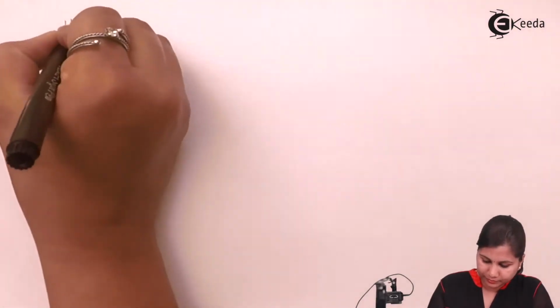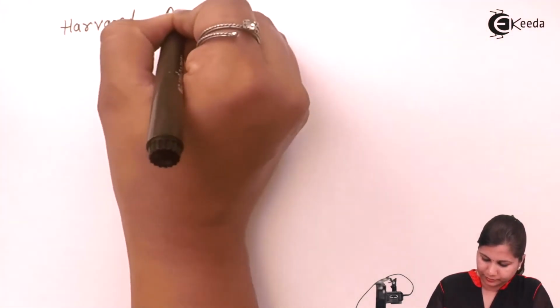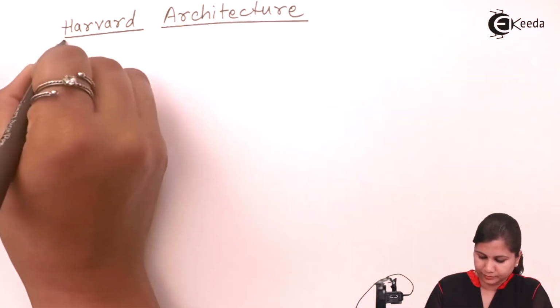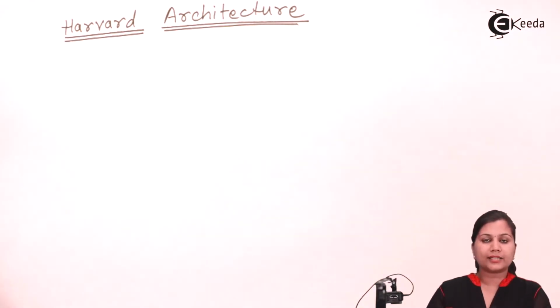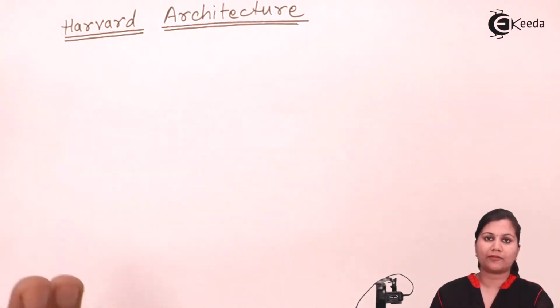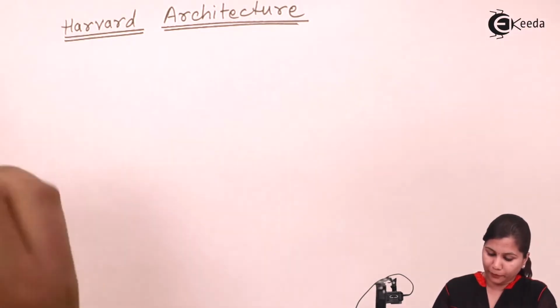Now the second type of architecture is the Harvard architecture. This architecture was proposed by Howard Aiken, so it is named after the scientist who proposed it.